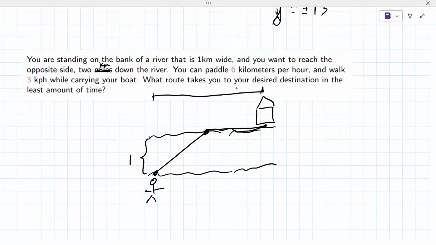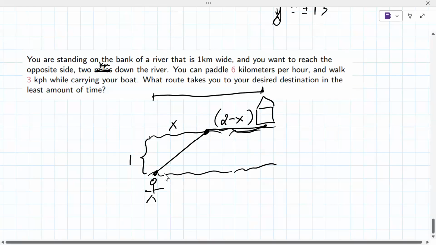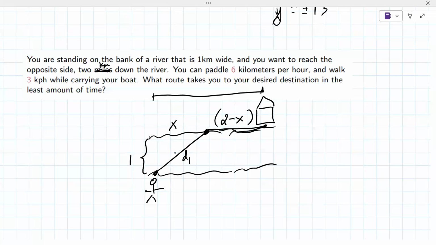Let me think about it. So if we call this X, then that's 2 minus X right here. So you're going to swim and then you're going to walk or run with your boat. So you have to calculate D1 and D2.